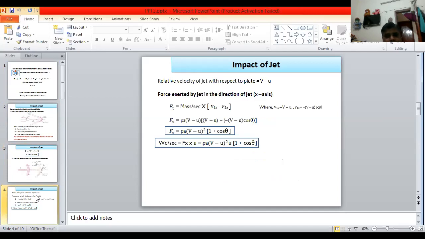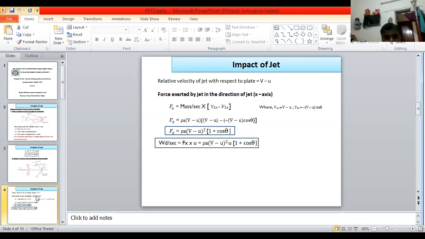Now force exerted by jet in the direction of jet, that is x direction. Fx is equal to mass per second into v1x minus v2x. This is the standard momentum equation. That means v1x is the v minus u, but v2x is the negative of v minus u cos theta, because in the opposite direction of the jet.